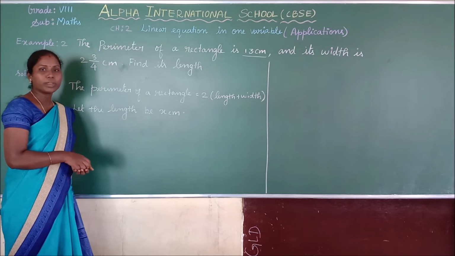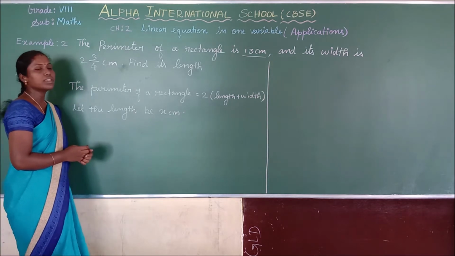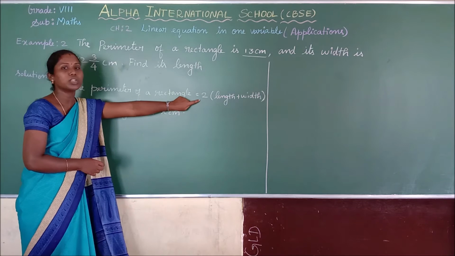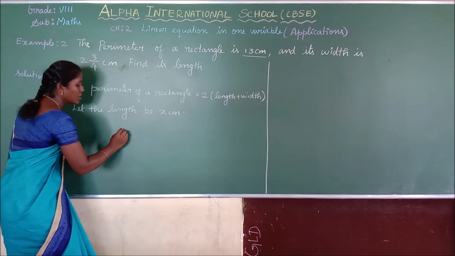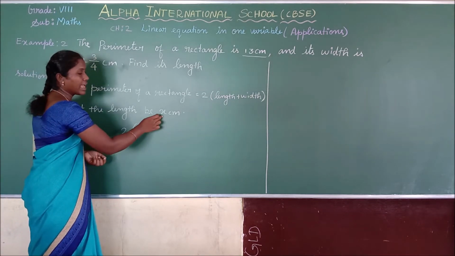Before that, we have to form a linear equation. Now, how to form a linear equation here? The given is the perimeter of the rectangle, and we know the formula: 2 times of length plus width. So see here, 2 times of length. What length have we assigned here? x.